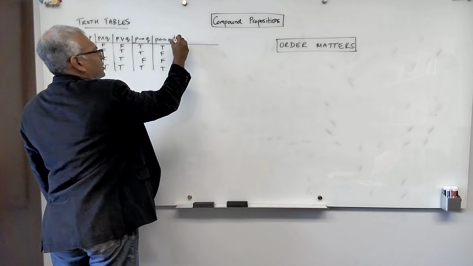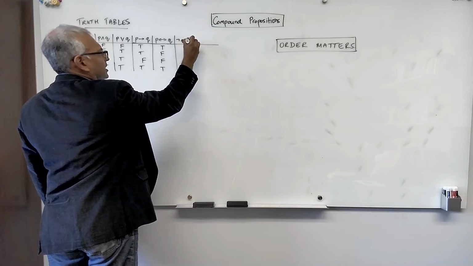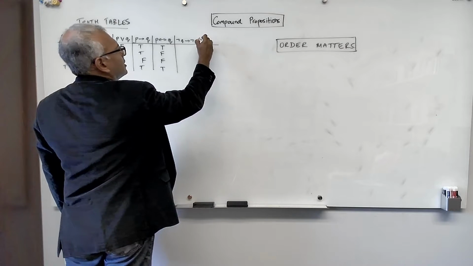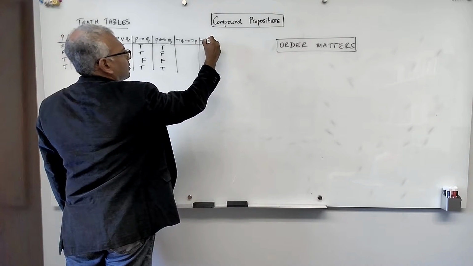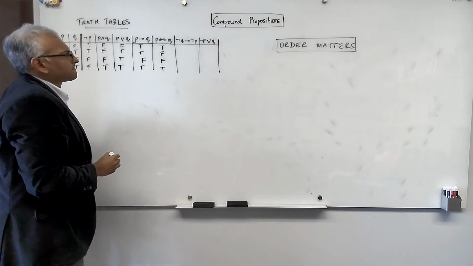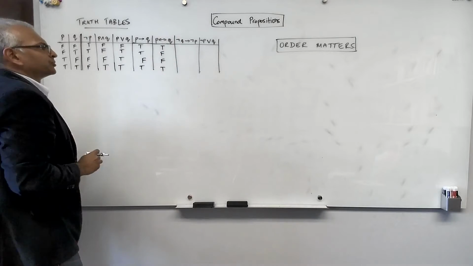So, not Q implies not P. And not P or Q. Okay? So let's look at these two truth tables.